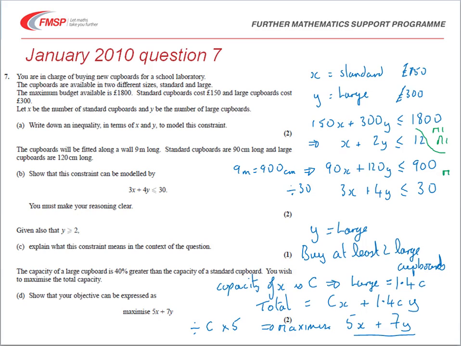Again, a method and accuracy mark for the explanation of showing the second constraint, and then a B mark, so no method involved, just a statement of that last constraint in context, and finally a method and accuracy mark for maximizing 5x plus 7y, the explanation of how that comes about.